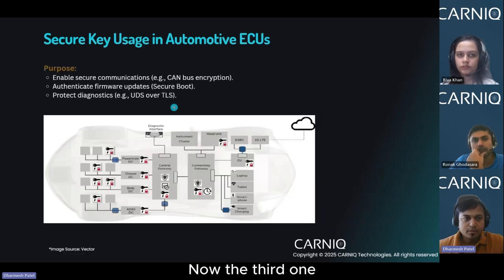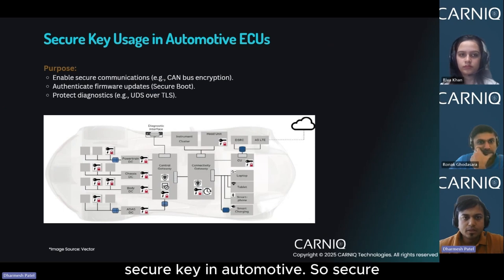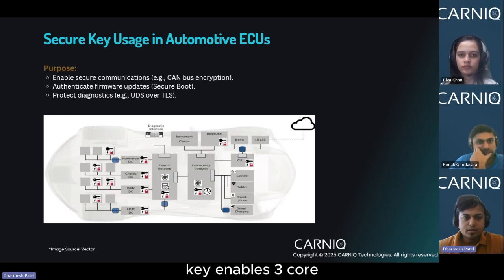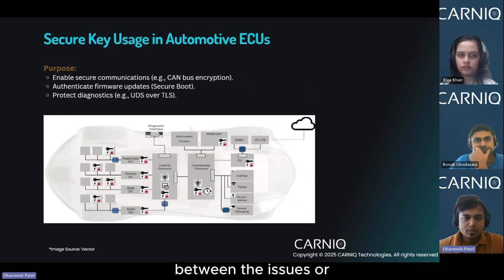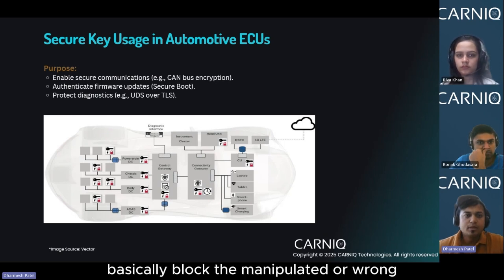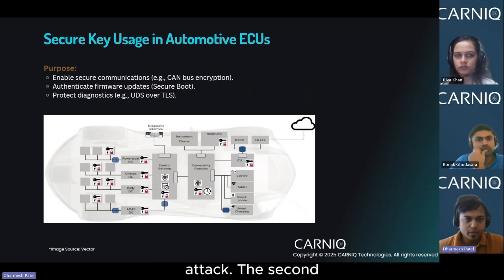Now, the third topic is the usage of secure keys in automotive. Secure keys enable three core functions. The first is secure communication, so encrypting the data between the ECUs over any communication channel, CAN or Ethernet, to block manipulated or wrong messages or spoofing kind of attacks.